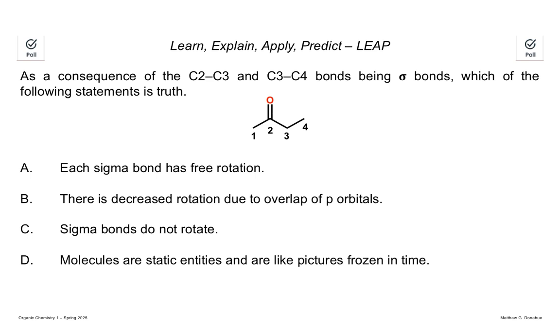So carbons 2 to 3, that's sigma. 3 to 4, that's sigma as well. So which of the following statements is true? So we know that to form a sigma bond, we have overlap of two sp3 type orbitals. And so the consequence of that is the sigma bond has free rotation.